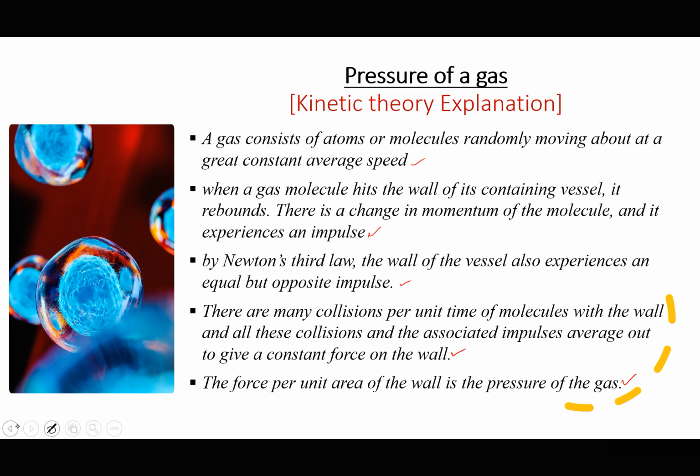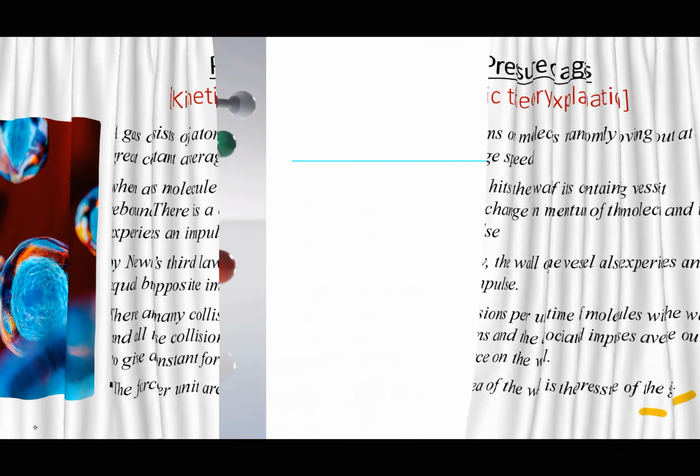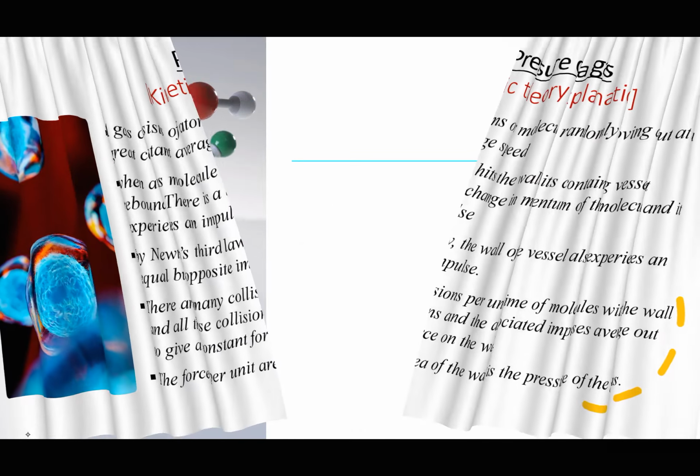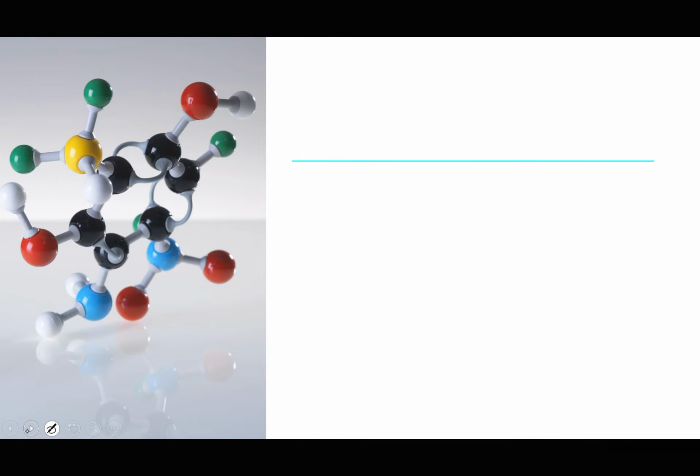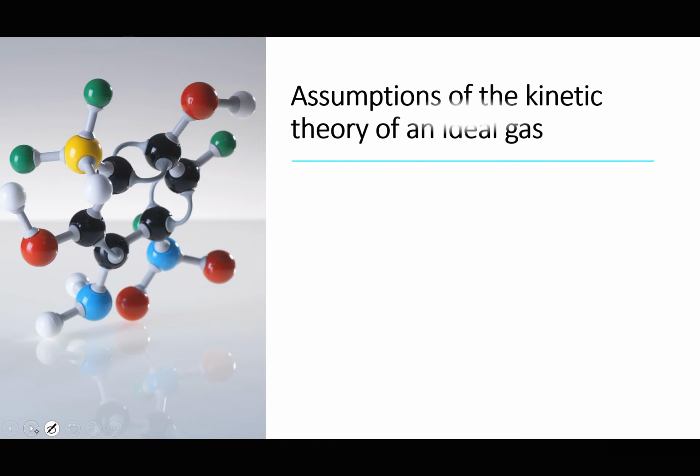Okay, we are still continuing with the kinetic theory of gases, and we are going to be specifically concentrating on the ideal gas. What assumptions do we make every time we look at the kinetic theory? What can we consider about the ideal gas? Remember, we said an ideal gas is a gas which obeys the equation PV = nRT at all temperatures and pressures.